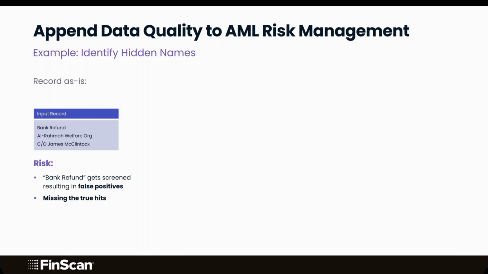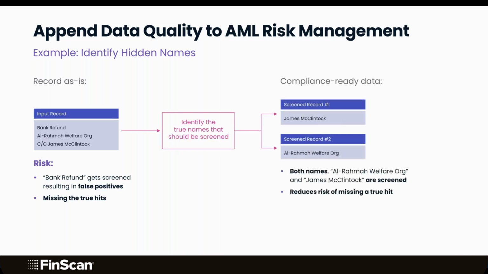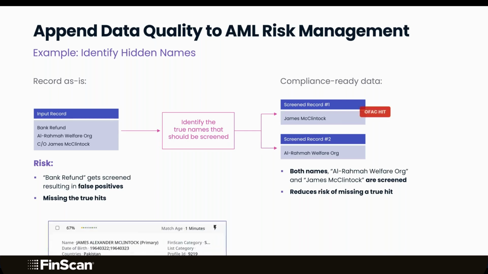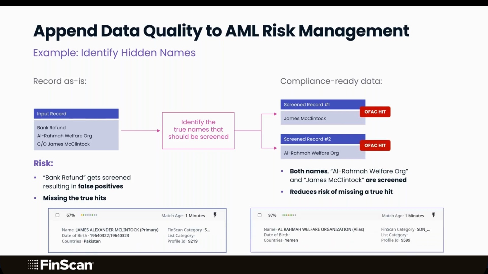And then this example, this is exactly what was going to happen had we not implemented that data cleansing technology in front of the screening processes. Being able to split out James McClintock and Albemarle Welfare Organisation, they then got screened as distinct entities and individuals in their own right. And that helps reduce that risk of missing what actually turned out to be 2 true OFAC hits.